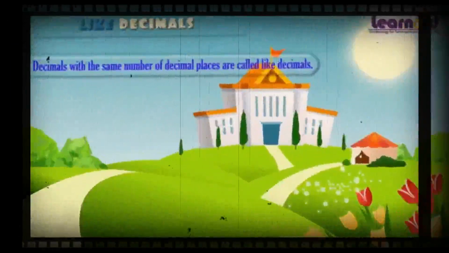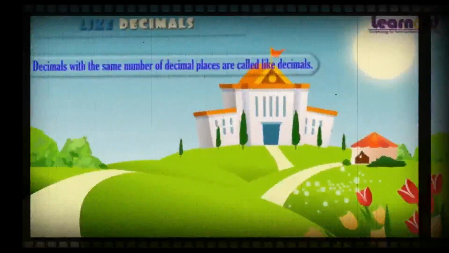Decimals with the same number of decimal places are called like decimals.